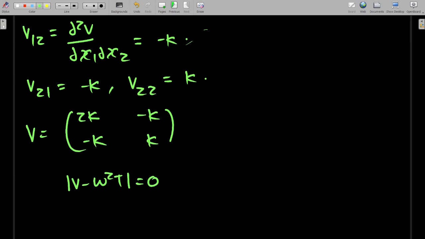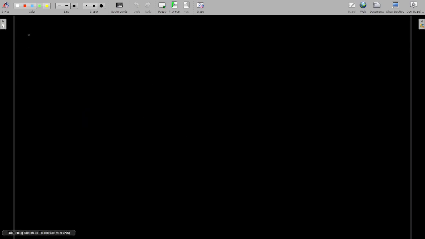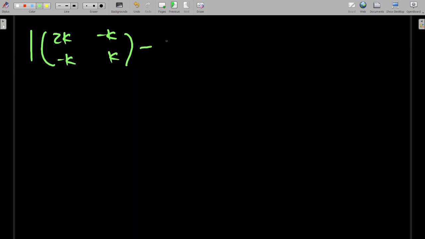So we will proceed to the next step. The determinant of the matrix with 2k, minus k, minus k, and k, minus omega square m times the matrix m 0, 0 m, is equal to 0.